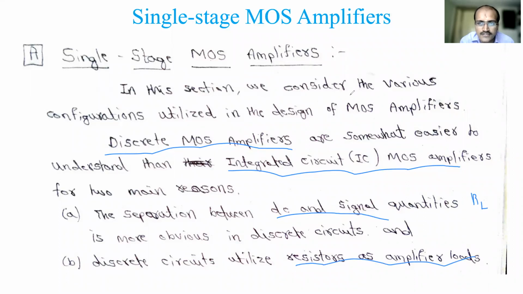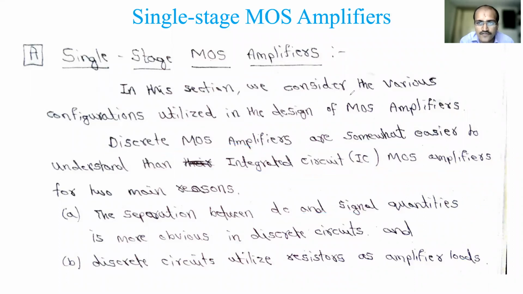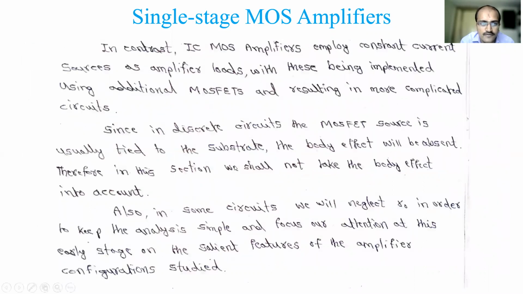In contrast, integrated circuit MOS amplifiers employ constant current sources. What are constant current sources? Constant current sources are used as amplifier loads, with these being implemented using additional MOSFETs, resulting in more complicated circuits.